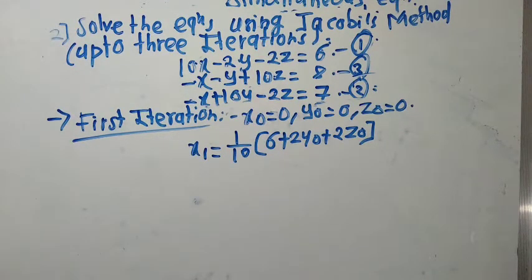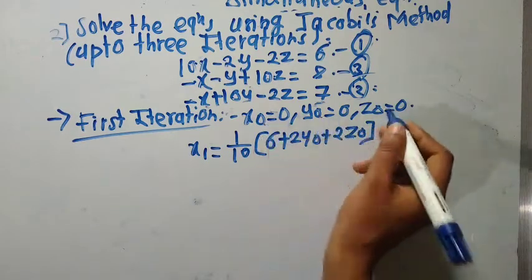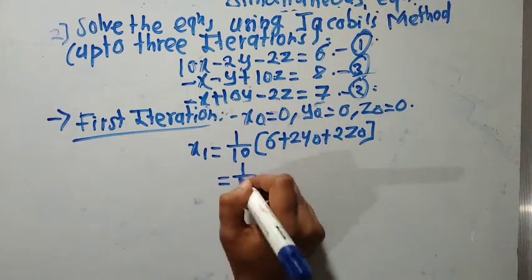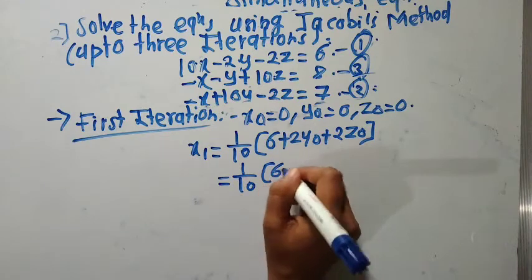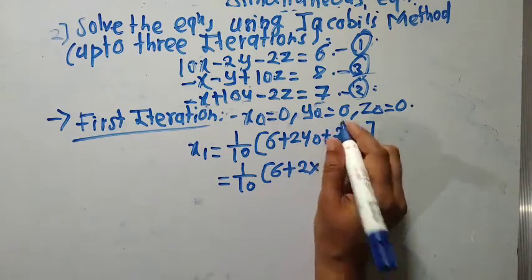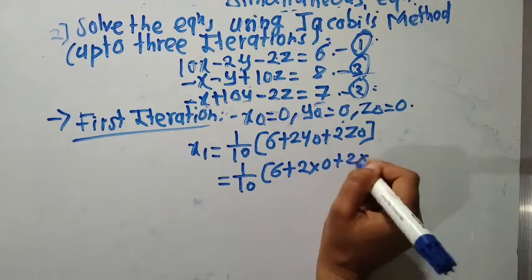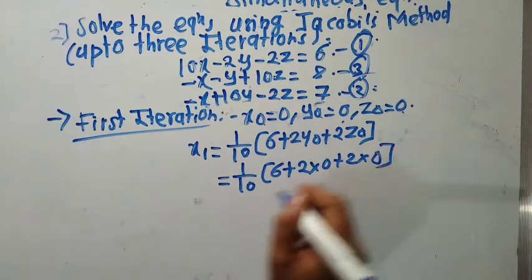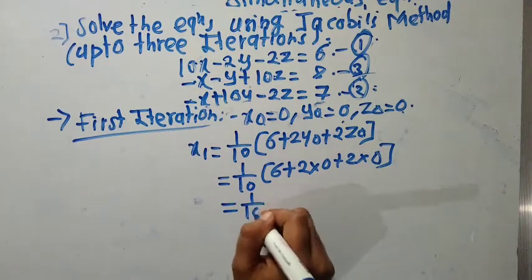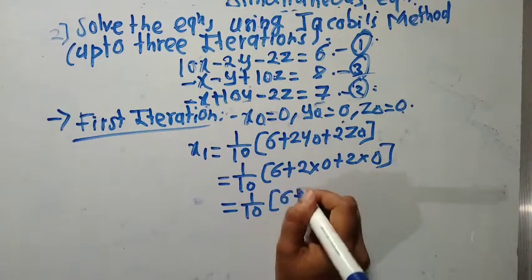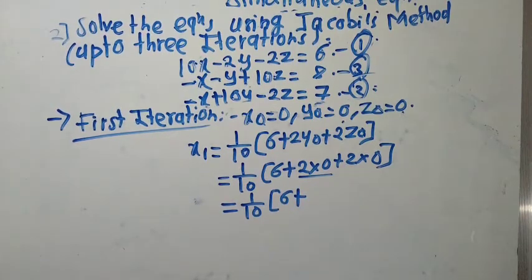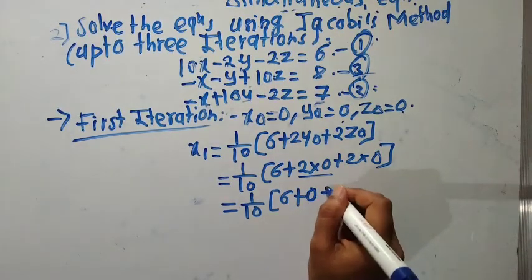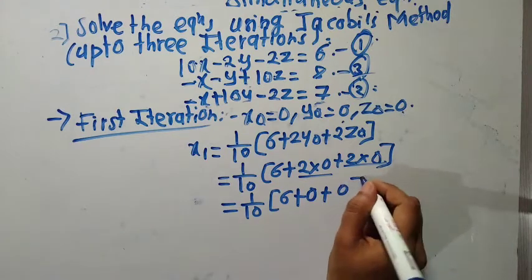Then put the values of x0, y0 and z0. So 6 plus 2 into 0 plus 2 into z0, which is 0. So here 6 plus 2 into 0 is 0 plus 2 into 0 is 0.